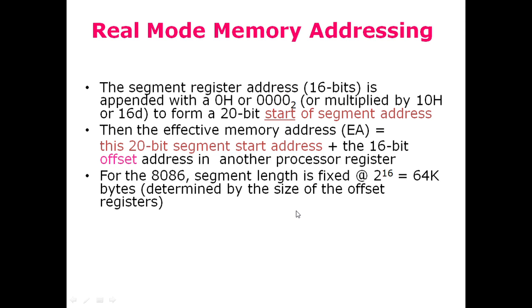So the offset address taken from any offset register determines the maximum size of the segment, which is fixed at 64 kilobytes. Any segment in the real mode memory addressing is of fixed size, and each segment has a size of 64 kilobytes.